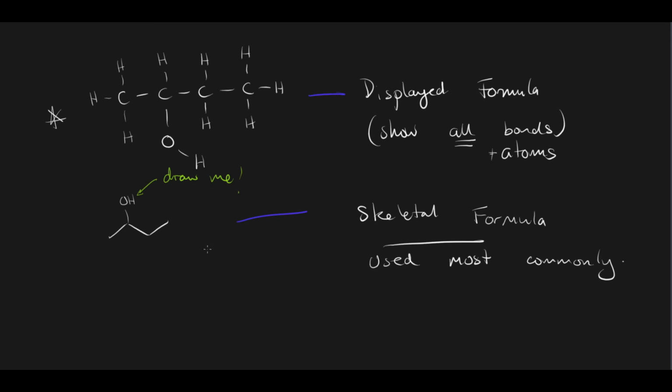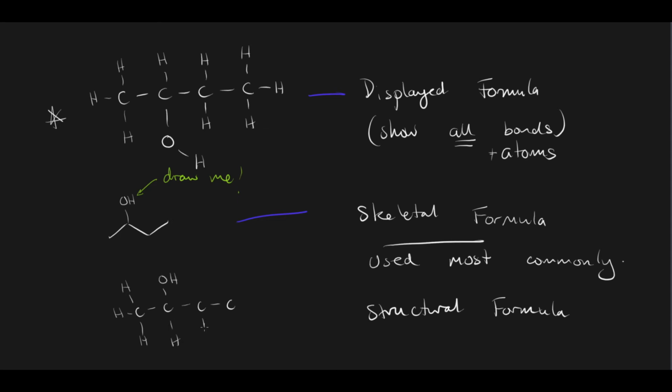So let's have a look now at the structural formula. This is very similar to the displayed formula, so I'll go through quite quickly. You'll notice that I'm still drawing out all of the hydrogens. And there are a couple of different ways of doing this.